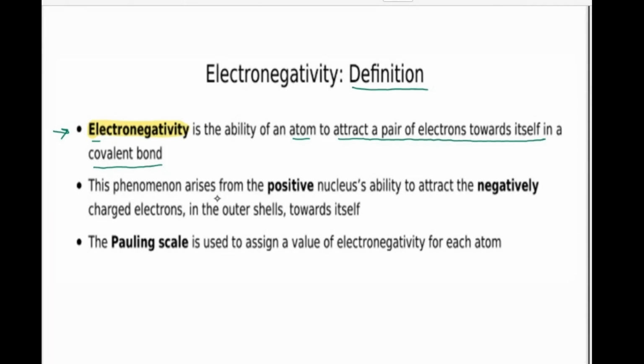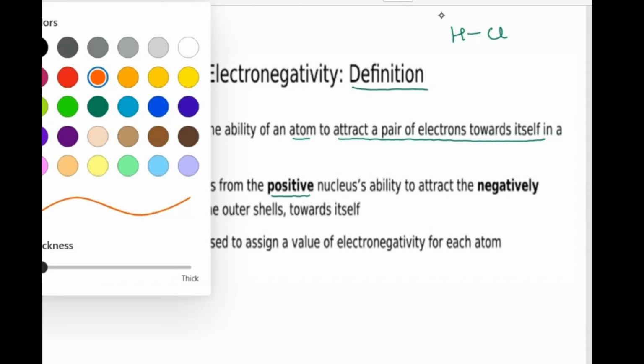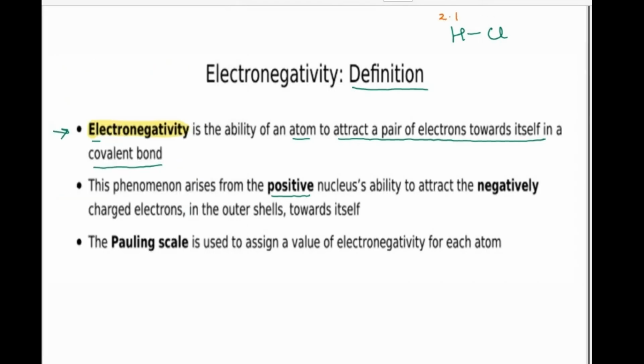Now, this phenomenon gives rise to a partially positive and partially negative charge, like I told you. The electronegativity of hydrogen, as far as I remember, is 2.1, whereas the electronegativity which has been assigned to chlorine is 3.0.